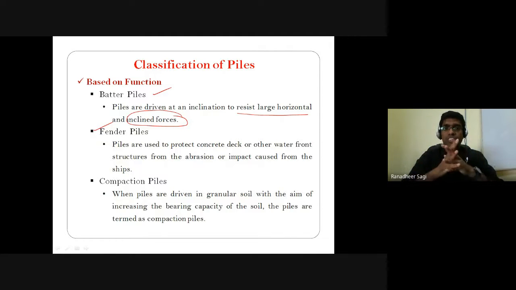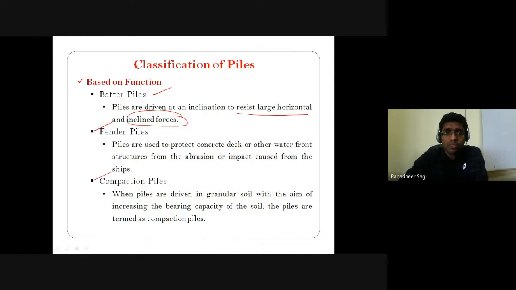In order to prevent such failures expected to happen due to the impacts caused by the ship's movement towards your shipyard or any other place where loading and unloading of the goods are carried out, these Fender piles act like a barrier in the front. Those forces will be taken care of by these piles which are installed in the front.